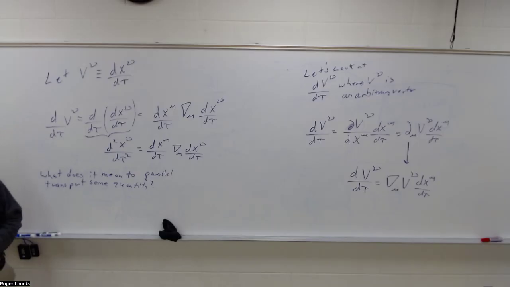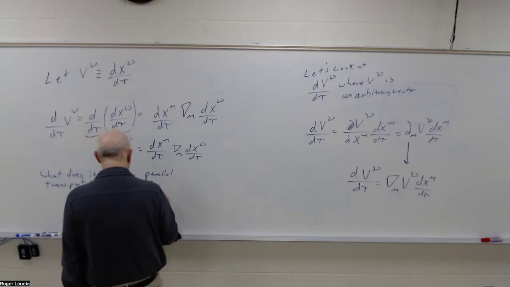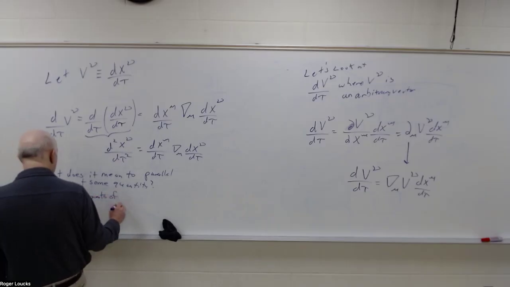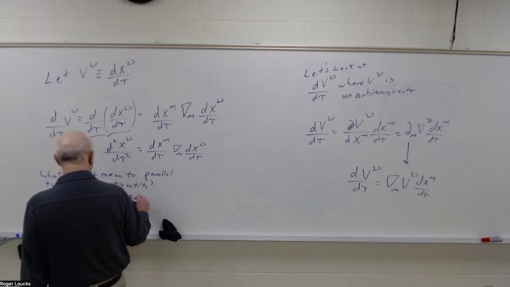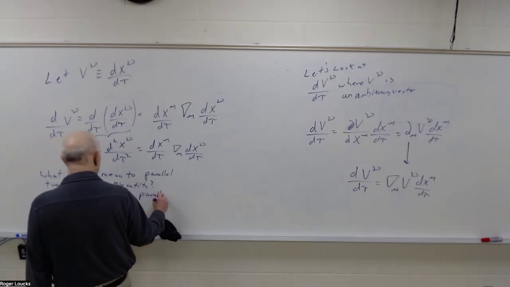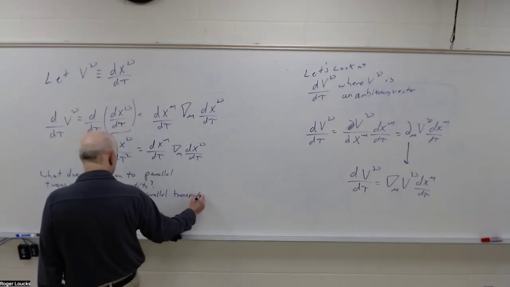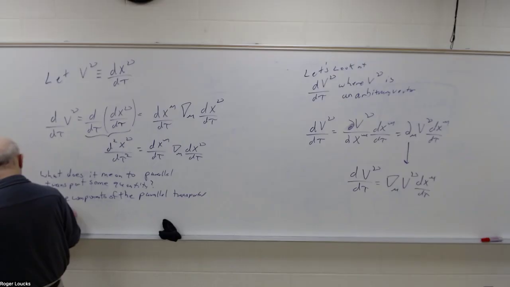What it really means is that when you move these components along some path here, the components don't change, right? So it basically means that the components of the parallel transported vector don't change.